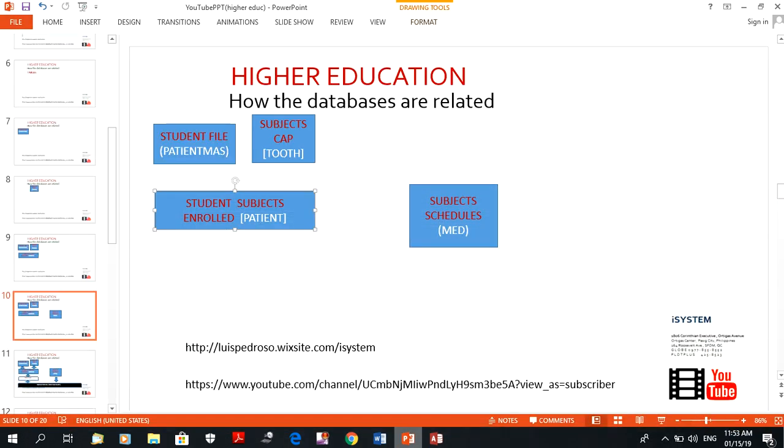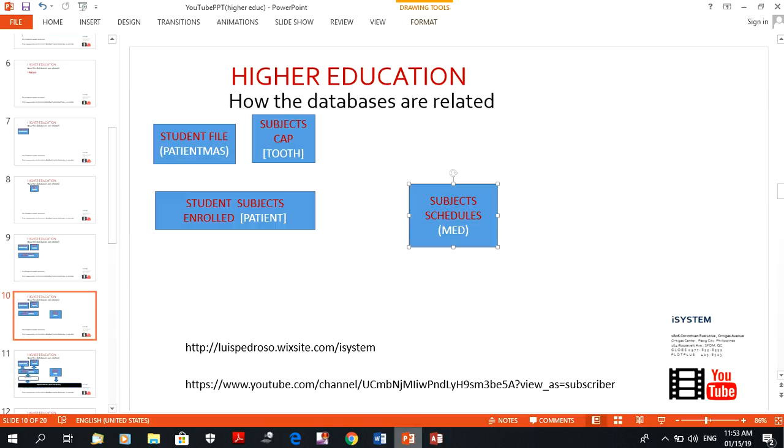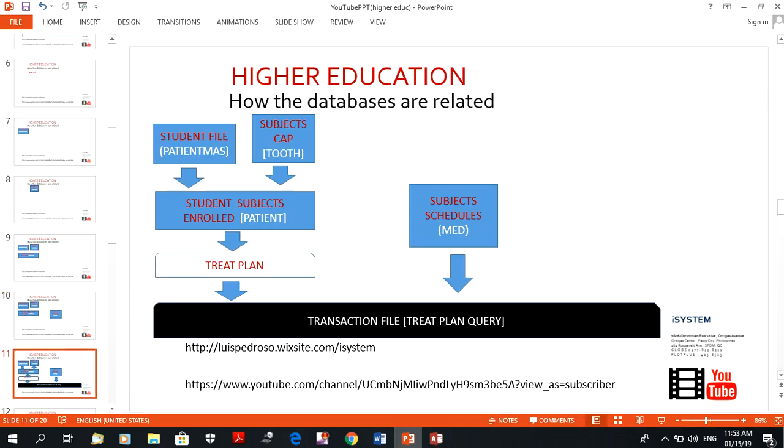You use the med table for enrolling the subjects that are available. To explain further, you have to go back to your table and see that the subject schedule is related to all these other tables.